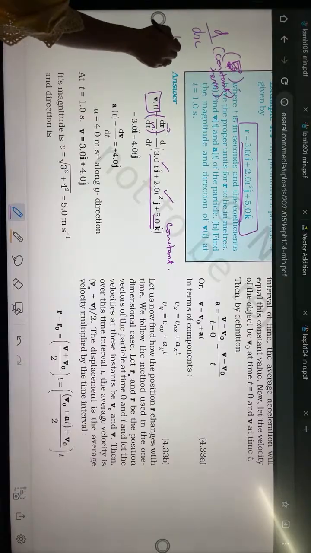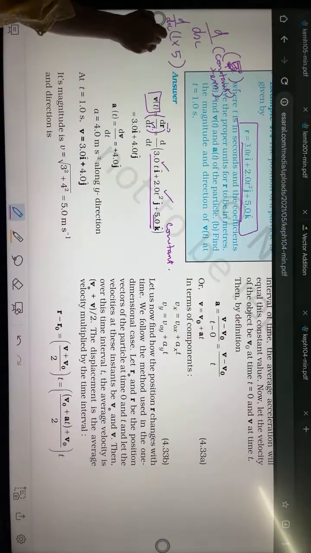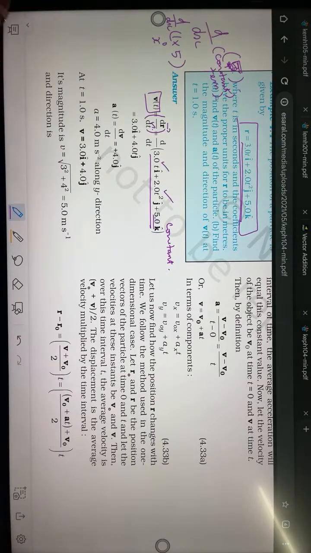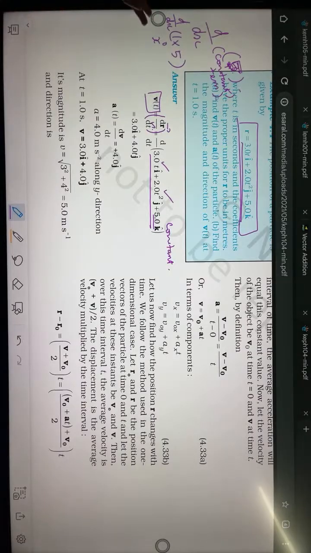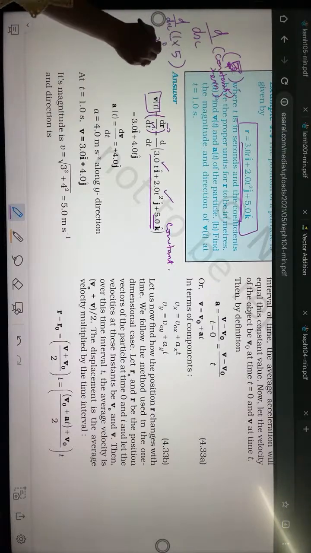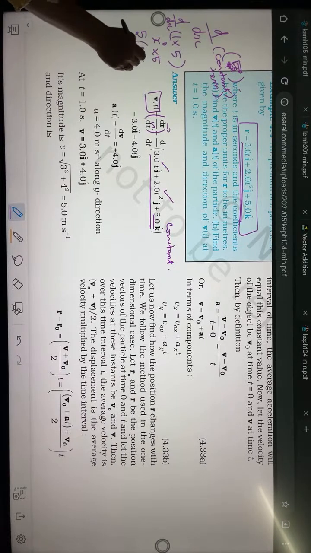So 1 into 5, you can take d by dx of this 1, which can be written as x power 0, since there is no variable in it. So you need to take this variable as anything to the power 0. Anything to the power 0 is 1, right? So it is taken as x power 0. So how can you differentiate this? This 5 is common, taken as common. What is this? 0 times x power 0.